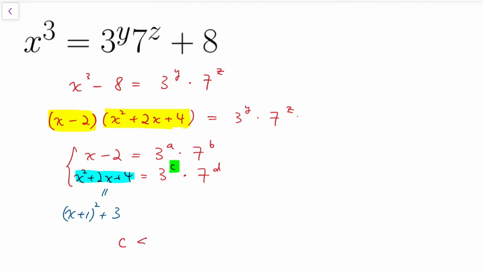So c can only take two possible values, 0 and 1. These indices must be non-negative.